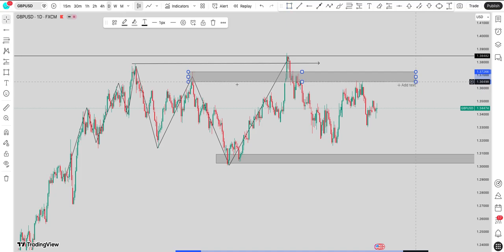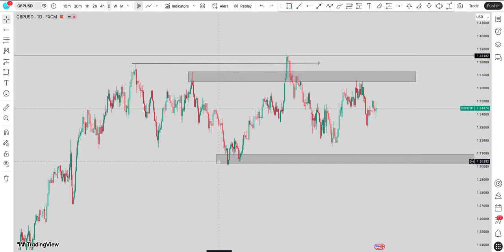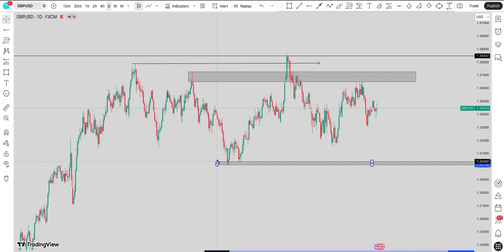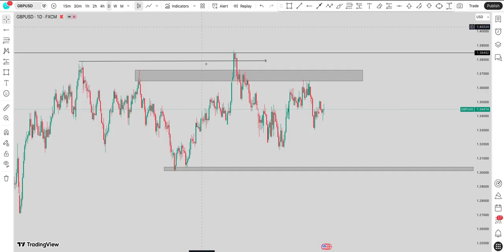This was the last structure that caused the change of character, and on the daily time frame, this is the most recent low. Let me just leave that weekly to identify that there's a weekly breakout here, but it did not close above.